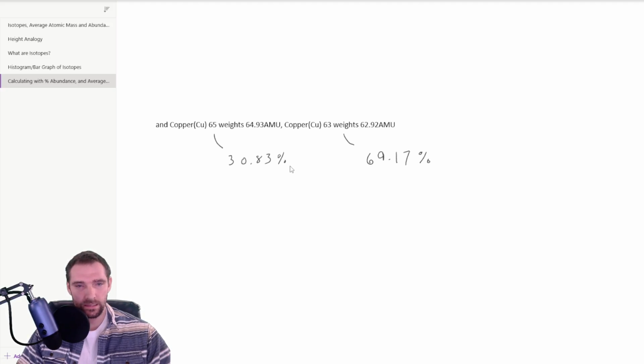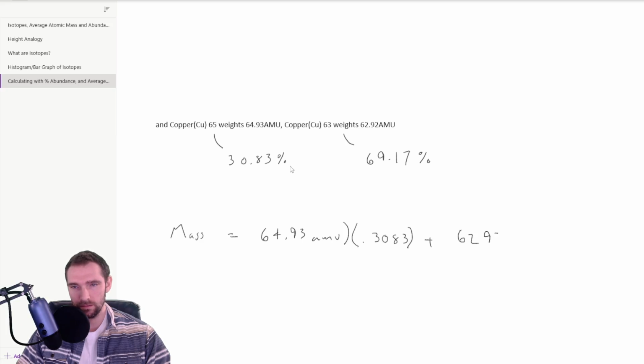And so we can say that the atomic mass for this compound should be its weight times its portion plus its weight times its portion. So you can have that 64.93 AMU, and that's being multiplied by the 30, or not 30, because now it's writing this as a portion, 0.3083, and then add that to the other portion that's being contributed to the mass.